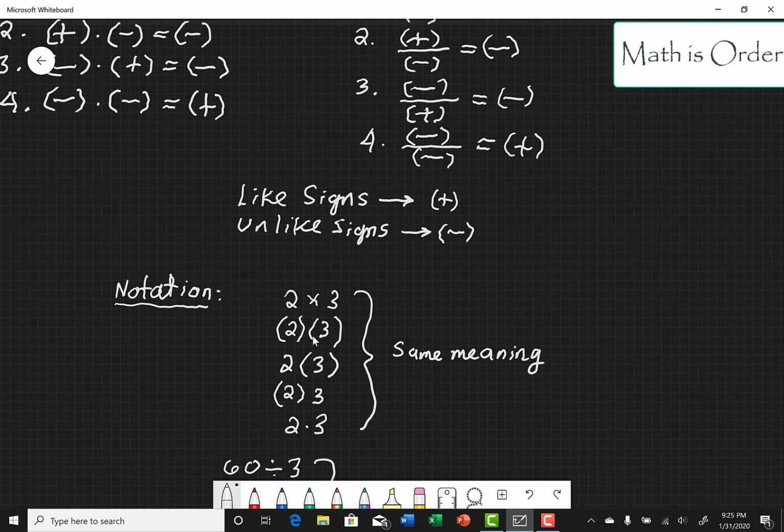This also indicates multiplication, or when one of the numbers is in parentheses and the other number is outside of parentheses. Also, two numbers with a dot in between them is indicative of multiplication.